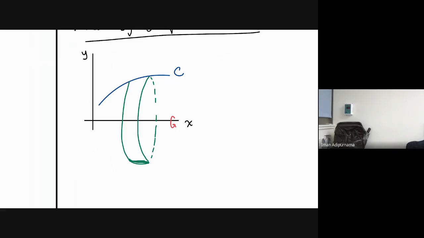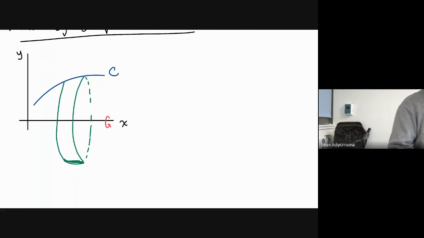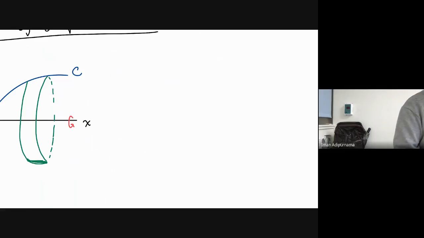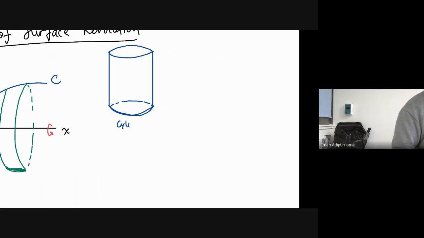And before I tell you how to prove the surface area formula, let me give you a brief review. So imagine this is a cylinder. So let's say this is a cylinder.